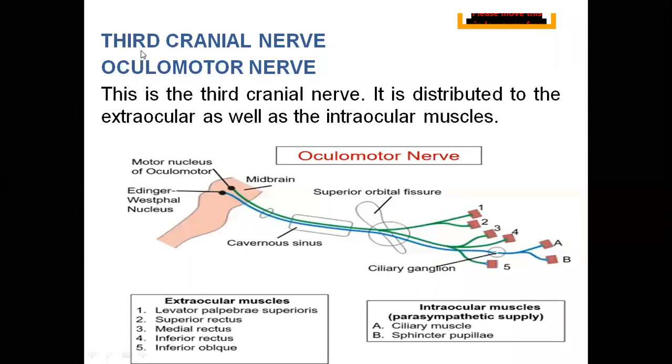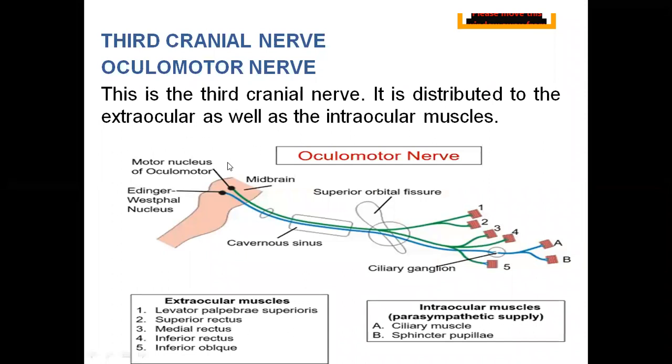Now let us discuss in detail the third cranial nerve, that is the oculomotor nerve. It is distributed to extraocular as well as intraocular muscles. In this picture, we can see the nucleus of the oculomotor nerve is situated in the midbrain. That is the motor nucleus of oculomotor, and then we have the Edinger-Westphal nucleus.